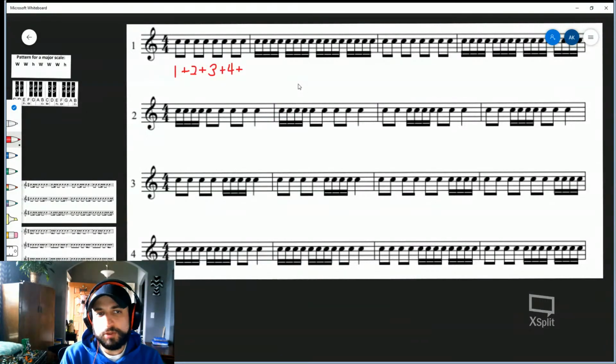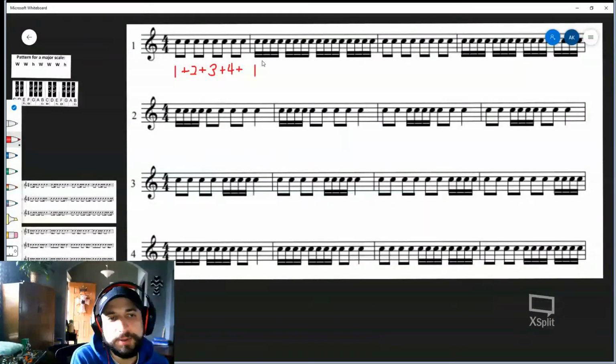Now, the biggest issue with 16th notes is that all those things that I just wrote out, we have 1, skip this note, here's our and. Skip this note, here's our 2. Skip that note, here's the and.